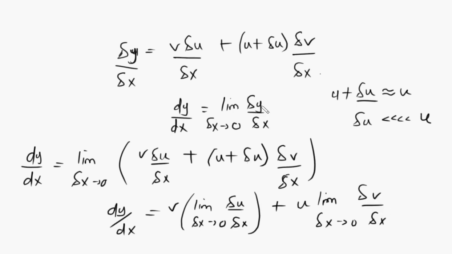Now if the limit of delta y over delta x is dy/dx, the limit of this is du/dx, and the limit of this is dv/dx. So what do I get? dy/dx is equal to v du/dx plus u dv/dx.